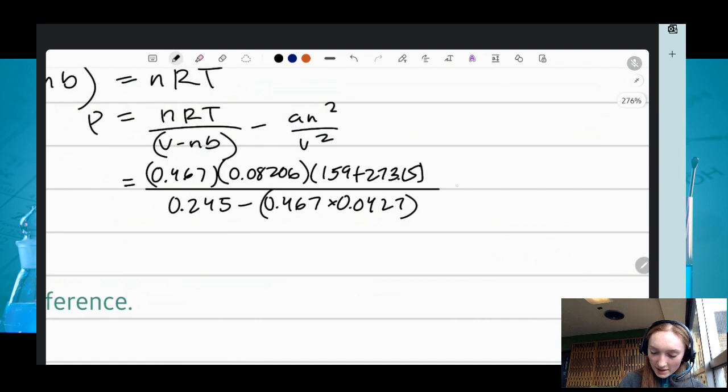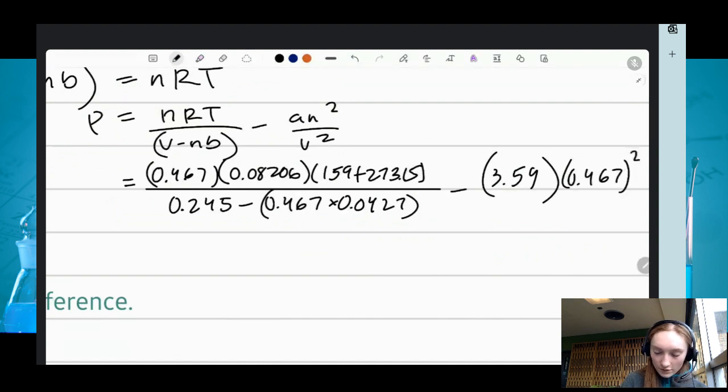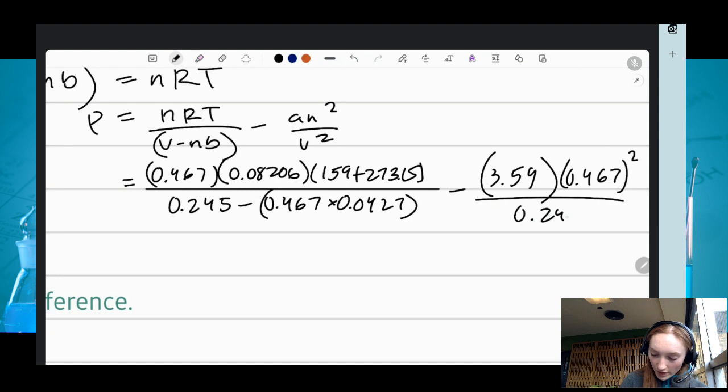I'll zoom in. And then minus the a, which is 3.59, times 0.467 squared all over 0.245 squared. So solving for P, we will get a value of 58.9 atmospheres.